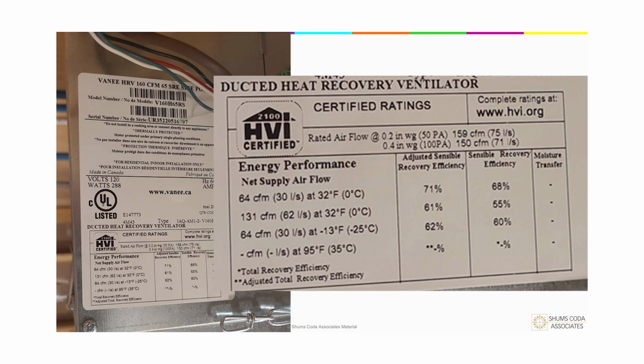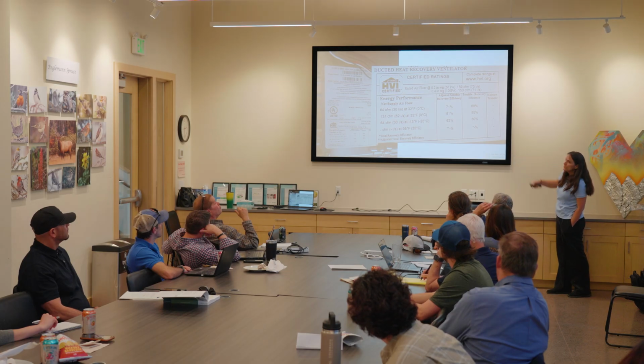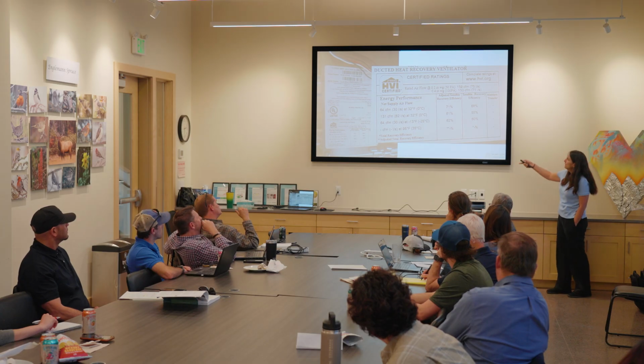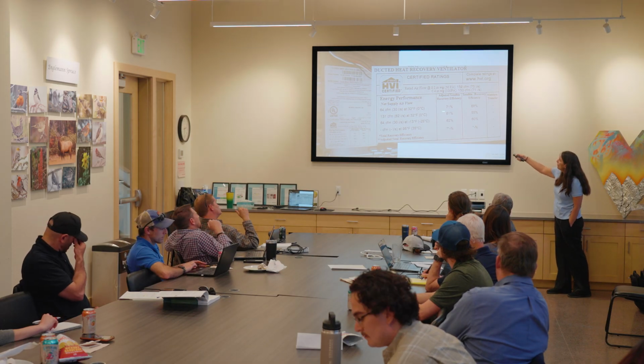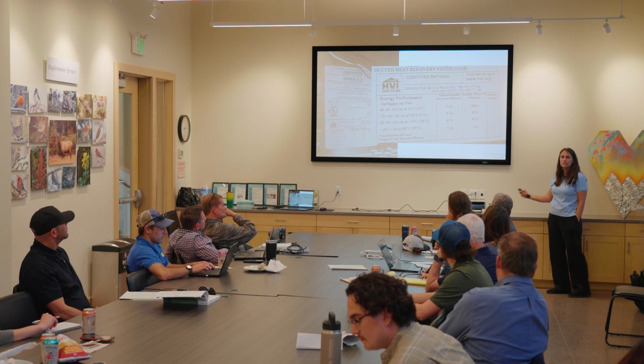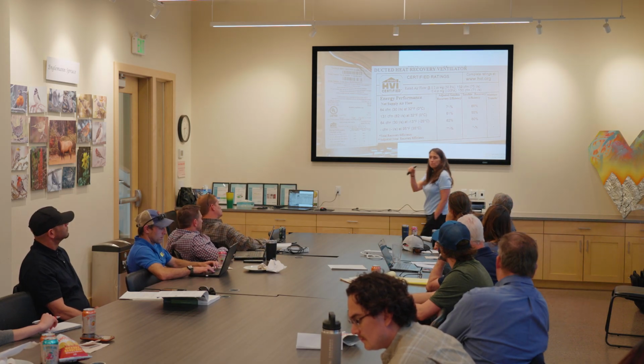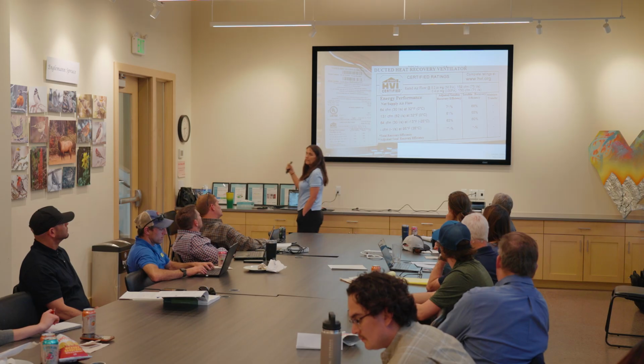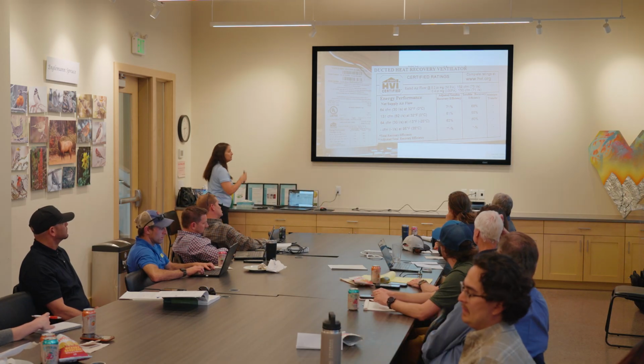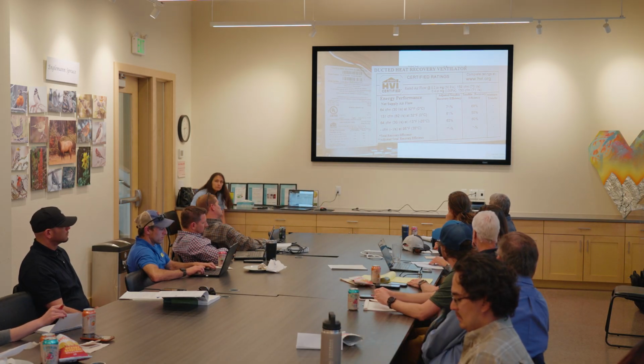It's got to be at least 75% at 32 degrees, and it usually says at the lowest. So we're going to look here, 32 degrees, it's only at 68%. So it would meet the base code, but it does not qualify as an additional efficiency. It has to be a minimum of 75.